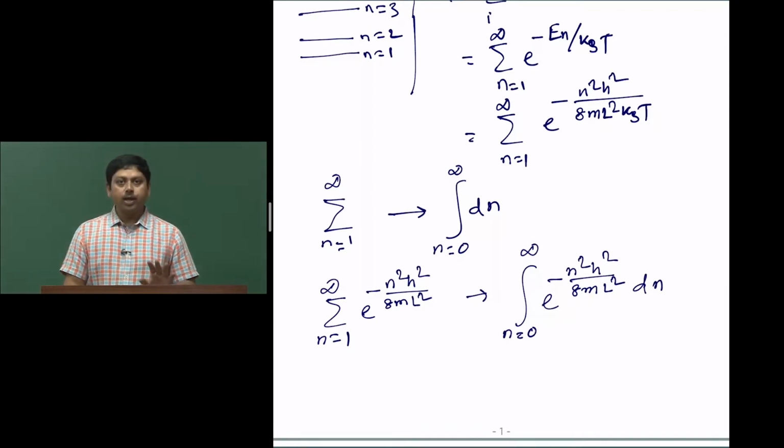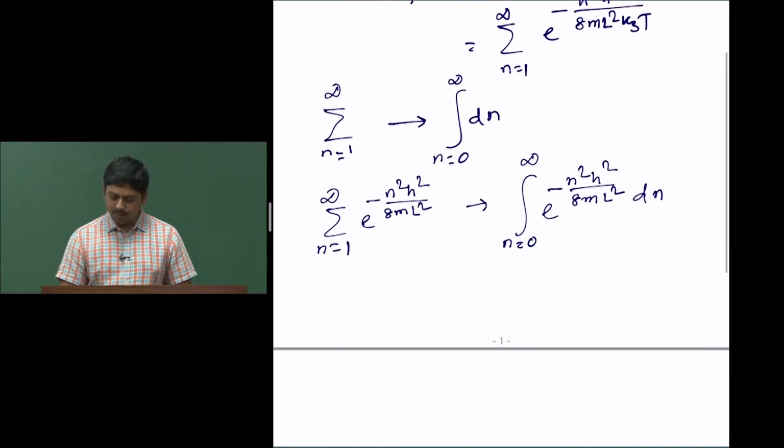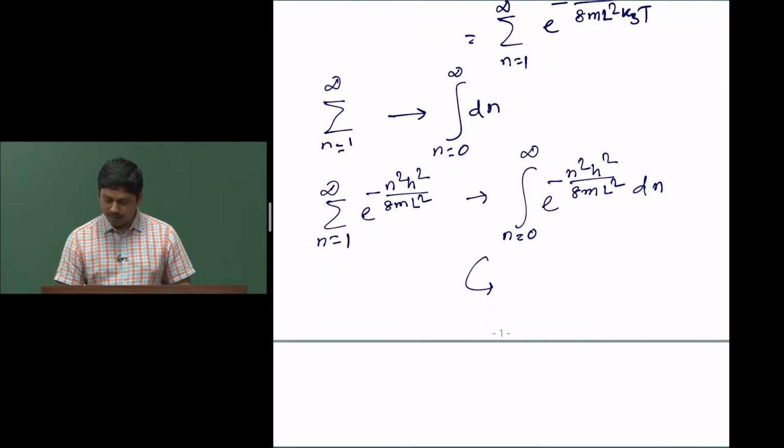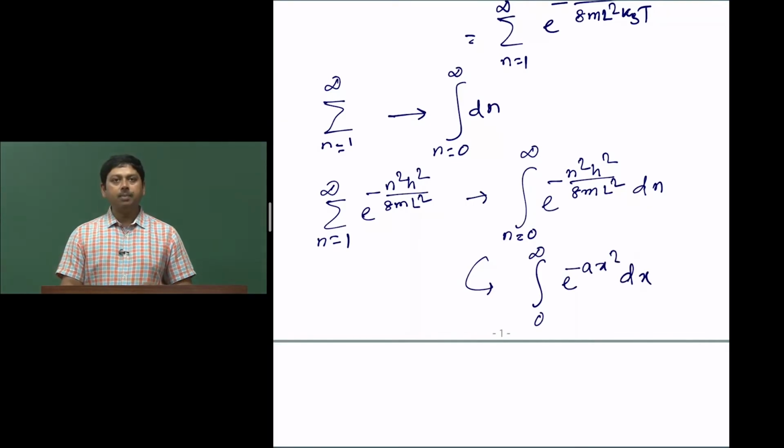Now, in that we are talking about a fixed value of L, which means that this quantity on the right hand side resembles an integration going from 0 to infinity of e to the power minus a x square d x. This type of integration is difficult to solve, at least at the 12th standard level. However, one can use a formula for standard integration in order to do this. This is called the Gaussian integral.